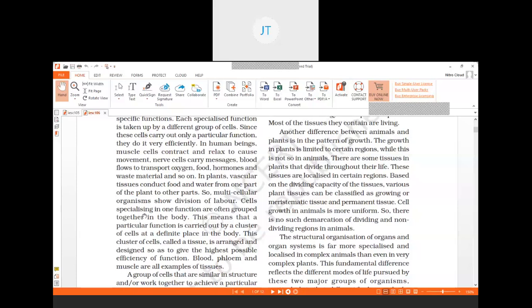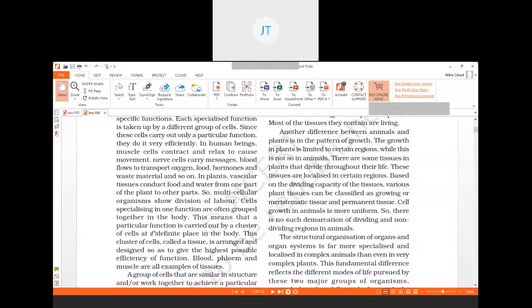Okay, cells specializing in one function are often grouped together in the body. One specialized type of cell you will always see in a group. It is not that one specialized lung cell is in the lung and another specialized lung cell is in the leg. That kind of thing you never see. They are all one type of specialized cells, all in a group together.